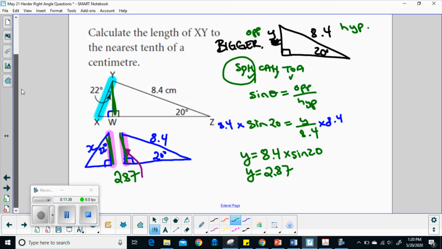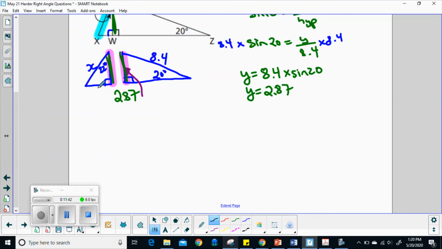So now that I know that, I can certainly finish the question. Now I can use this small little triangle, and I have X as my hypotenuse. I have an angle up here of 22 degrees, and I have a side length over here of 2.87. So let's see, what do I know? I know this is my adjacent. There's my hypotenuse, so SOH CAH TOA.